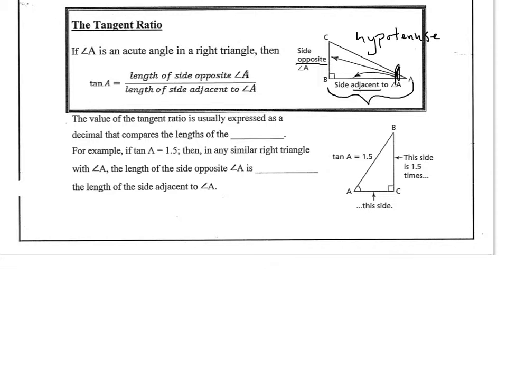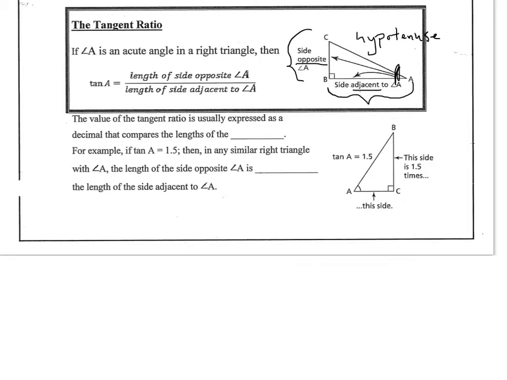So we always have to know what adjacent and opposite are. Opposite is the furthest from the angle, in this case side CB, and adjacent is the closest to, but not the hypotenuse. So let's take a look at the tangent ratio.